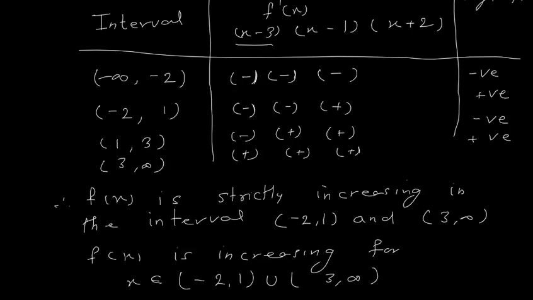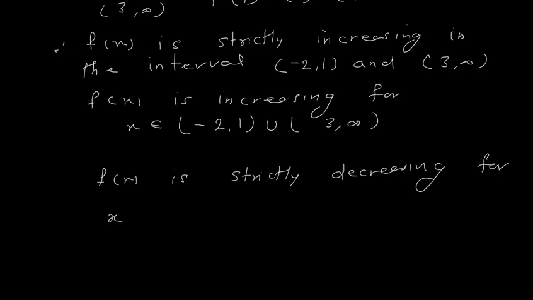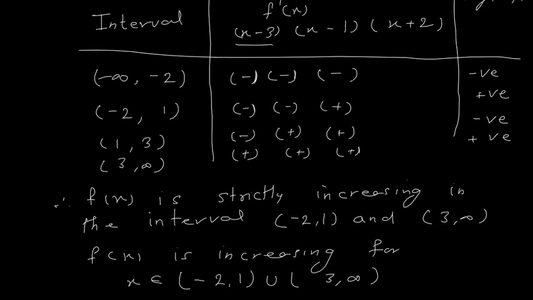Similarly, f(x) is strictly decreasing for x belonging to, since for strictly decreasing we have the negative sign, (minus infinity, minus 2) and (1, 3).